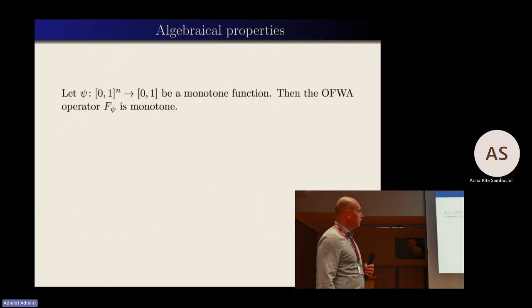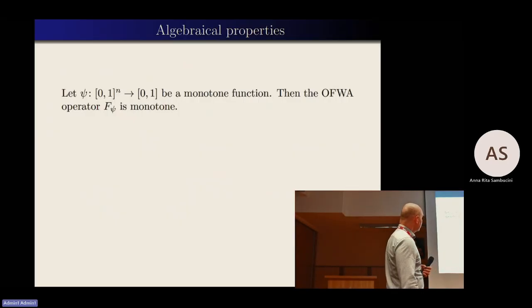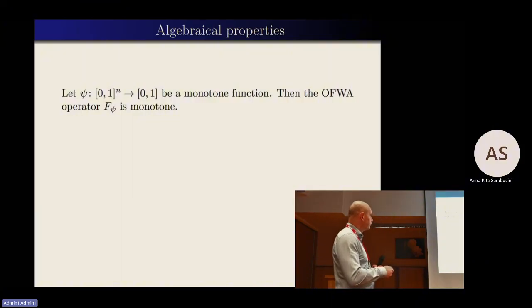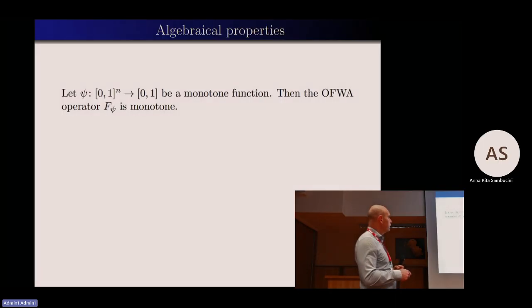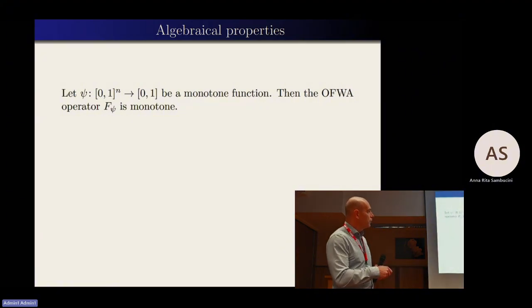So, considering algebraic properties, the function phi can be arbitrary, but if we consider a monotone function, then it can be shown that the resulting OFWA operator is again monotone.